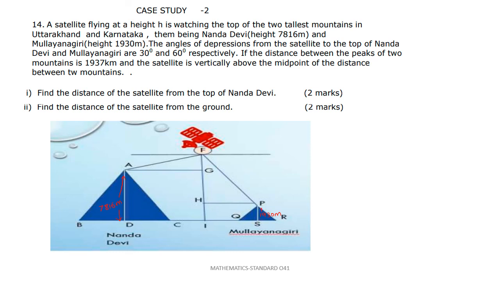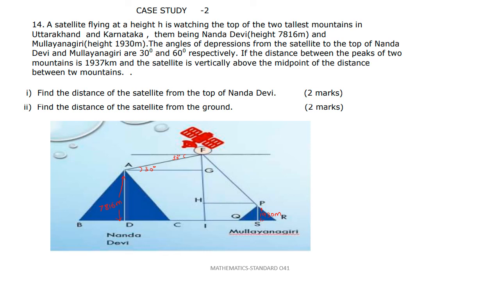This height is PS. The angles of depression from the satellite to the top of Nanda Devi, so for Nanda Devi it is 30 degree. The angle of depression for Mullayanagiri is 60 degree.